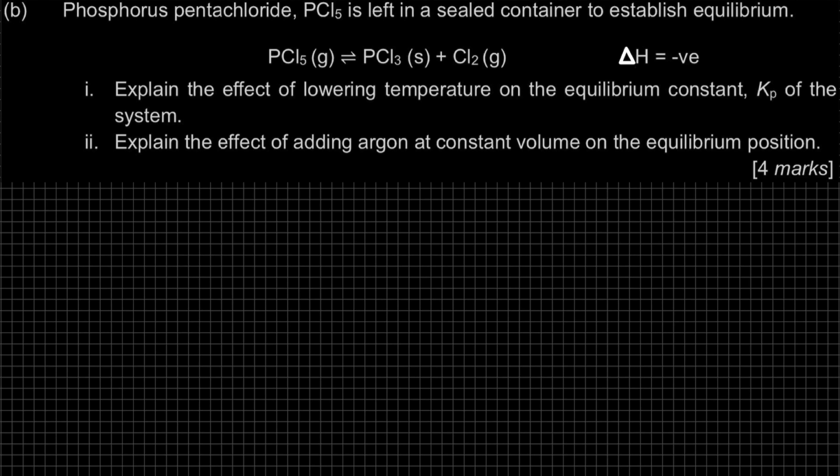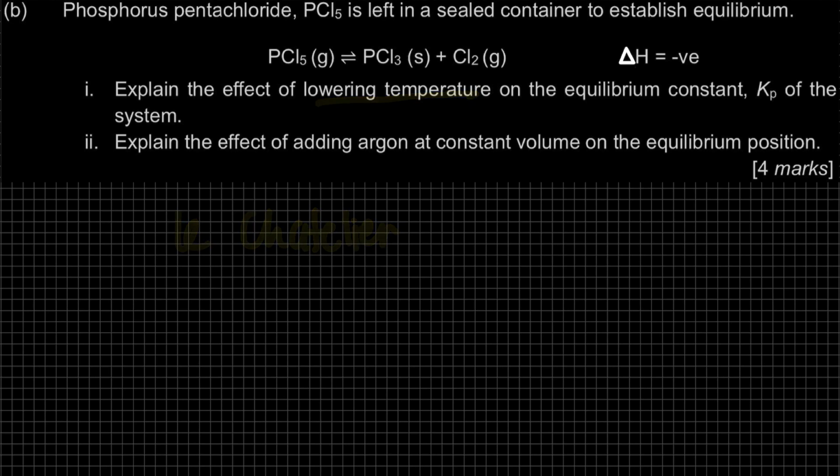Le Chatelier's principle mentioned that for a system in equilibrium, if there is some disturbance, in this case lowering temperature, the reaction or the system will try to counter the disturbance by reducing it.